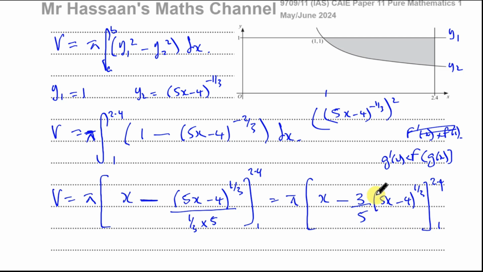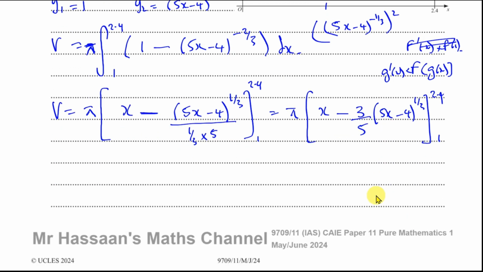But if you want to make sure that we've done the right thing, I'm going to cross this out afterwards, but in case you're uncertain or doubting that you've done the right thing when you integrated this, you can differentiate 3/5 times 5x minus 4 to the power of 1/3. What should come out is what we started with, which is 5x minus 4 to the power of minus 2/3.